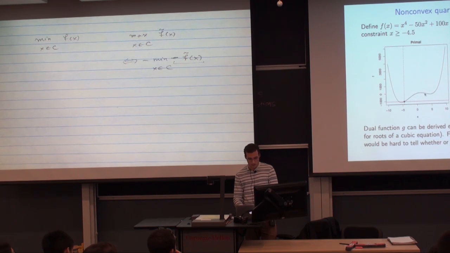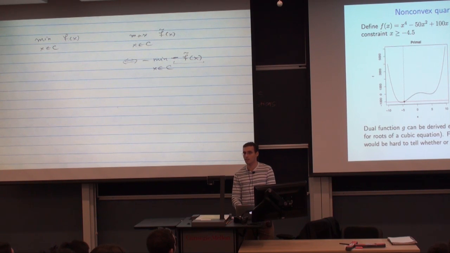The reason why I chose this example is that if you think about how you derive the dual in this case, and I'm not going to cover it because we're short on time, but you follow the steps for deriving the dual. We add basically u times x into the objective, and we want to minimize that over all x. Well, that gives us, if we differentiate it, since it's smooth, a cubic equation.